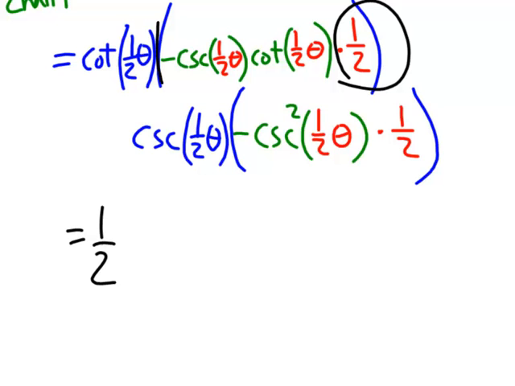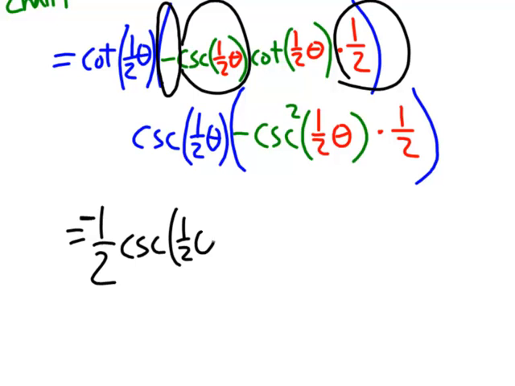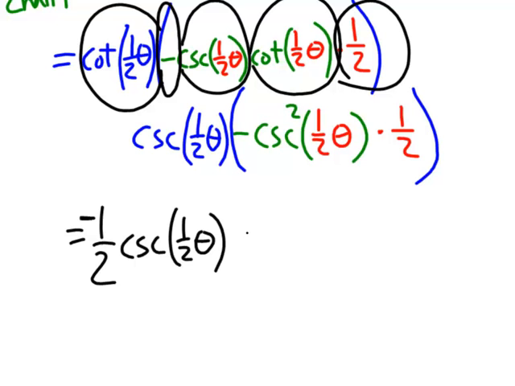Oh, there is a negative right there, so let's make that negative 1/2. Let's see, we've got a cosecant of 1/2 theta, and it is being multiplied by a cotangent of 1/2 theta and another cotangent of 1/2 theta. So that's going to be cotangent squared 1/2 theta.